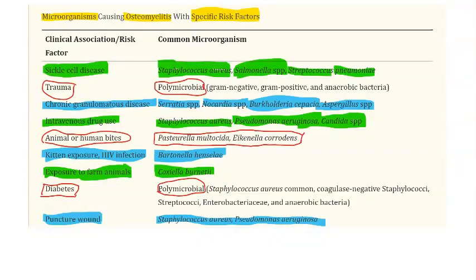This figure illustrates microorganisms causing osteomyelitis in patients with a specific risk factor. In sickle cell disease patients, the common organisms are Staphylococcus aureus, Salmonella species, and Streptococcus pneumoniae. For trauma patients, the commonest organism is polymicrobial: gram-negative, gram-positive, and anaerobic bacteria.